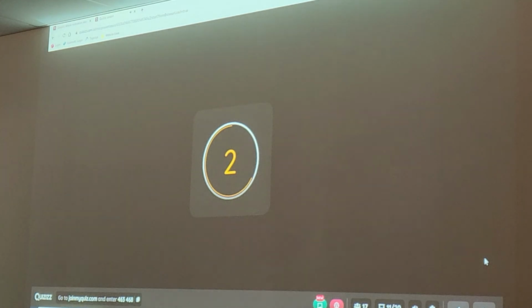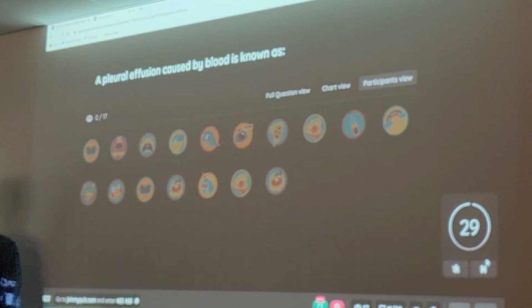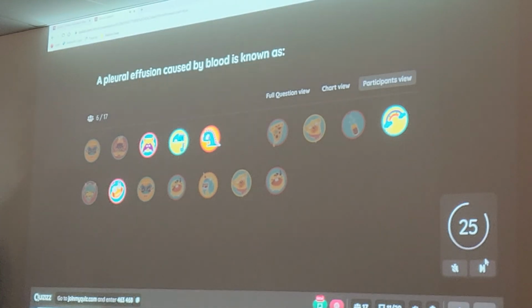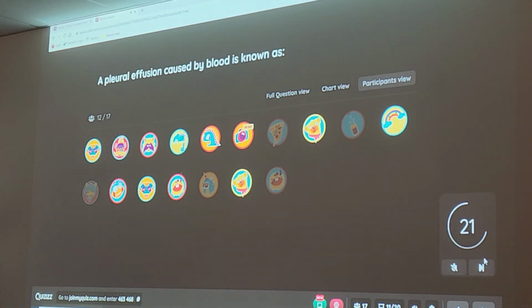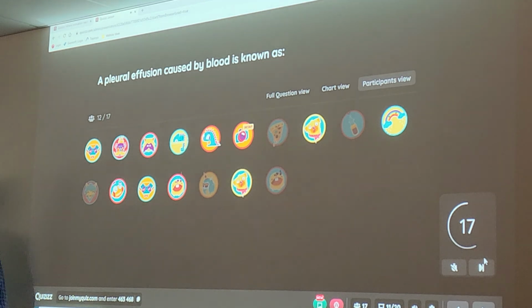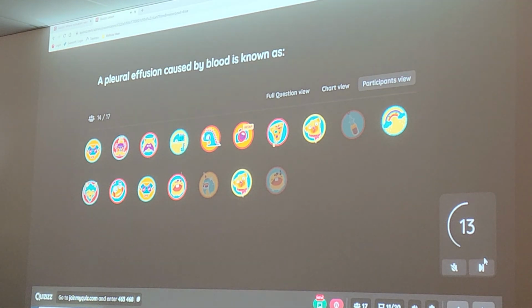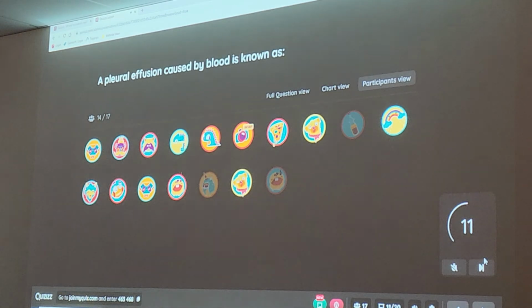Right, next up. A pleural effusion caused by blood is known as what? Read the question. It contains information that you can use as a hint. Could you click full question view?